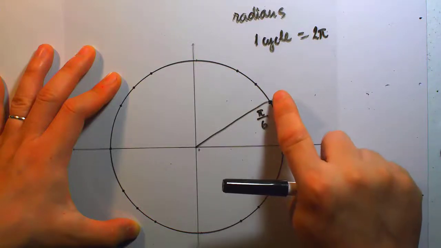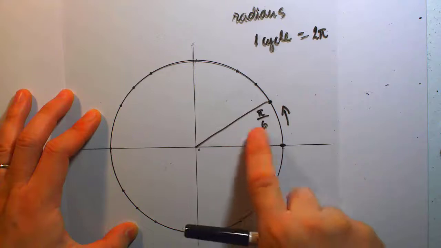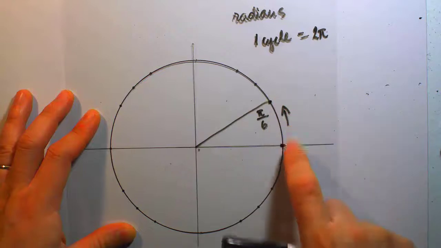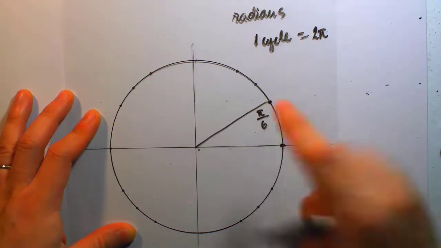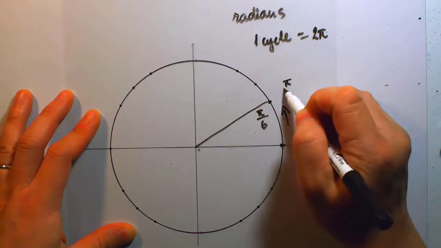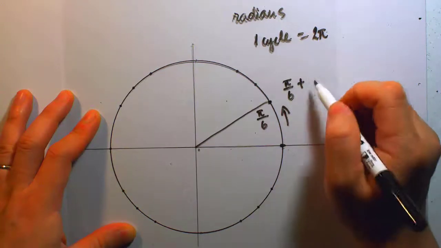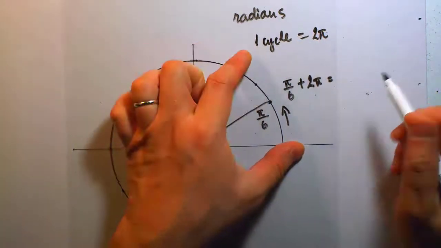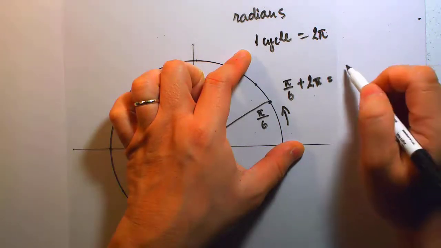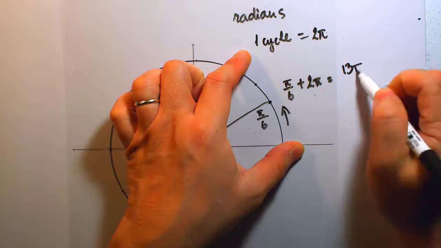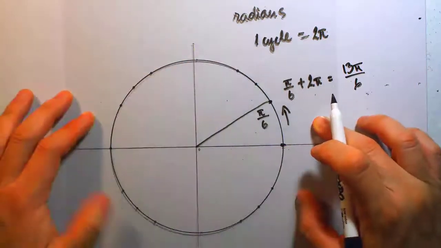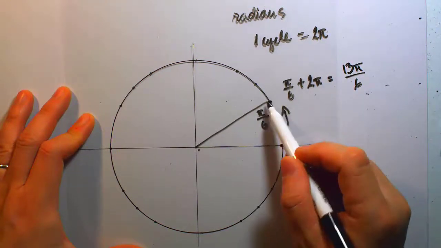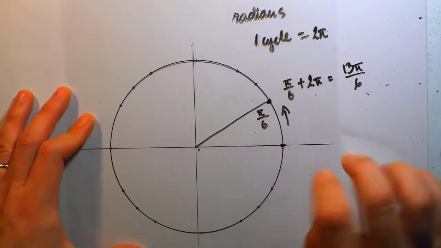Once you start at pi over 6, we can continue to go one complete cycle along the unit circle, go past that stop point, and go further. So here we're looking at pi over 6 plus another additional 2 pi, one complete cycle. Making the common denominator, that lands on 13 pi over 6. So 13 pi over 6 and pi over 6 are the same angle in terms of terminal points, but they are different measurements.